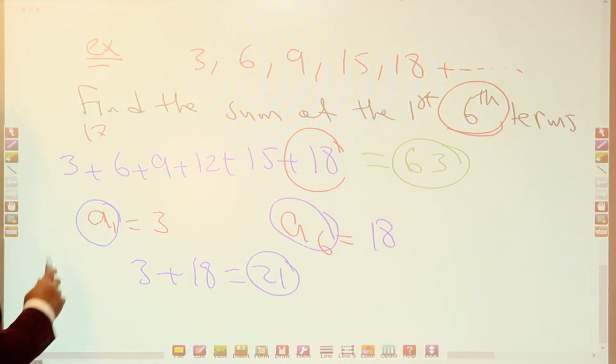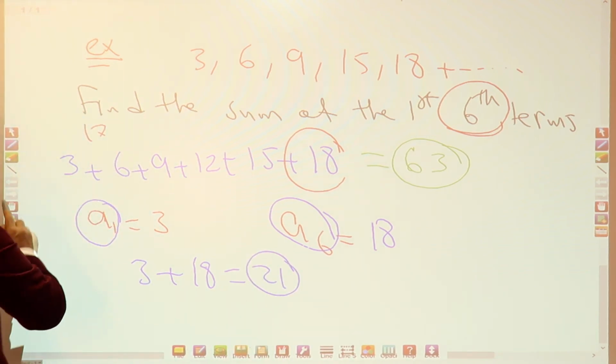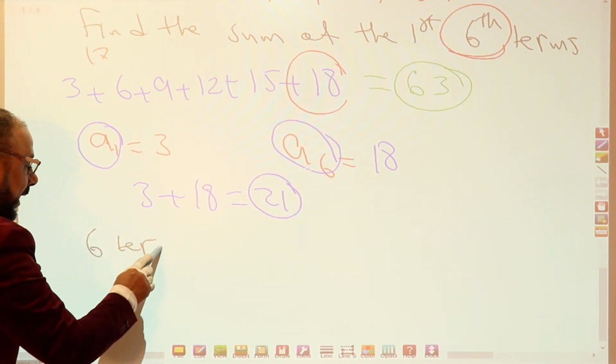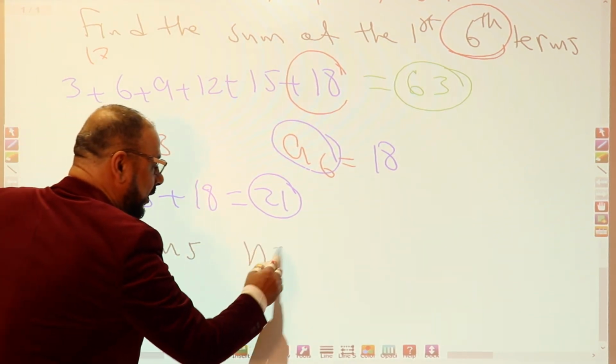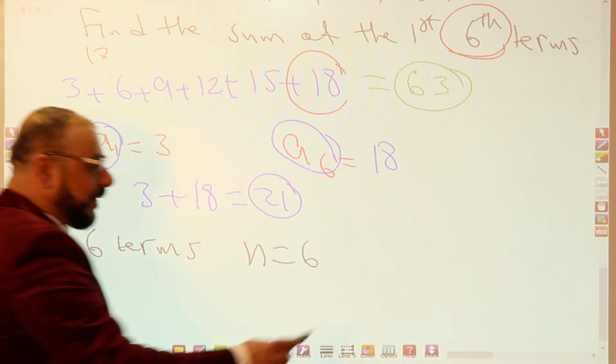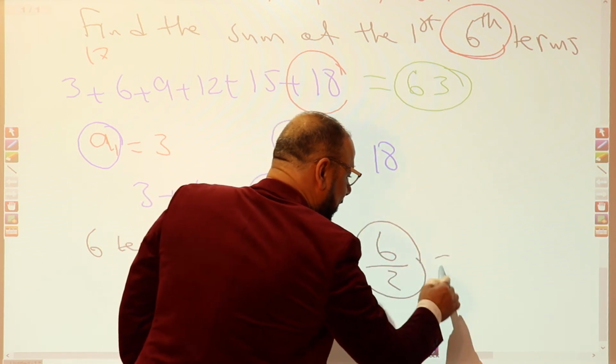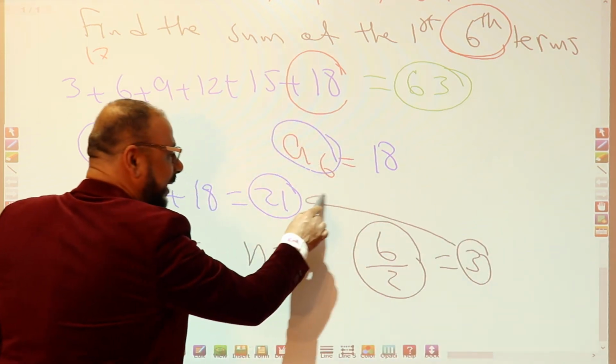This is the first plus last term. How many terms do we have? 6. Then n equals 6. Divide: we have 21, and 6 divided by 2 is 3. Multiply 3 by 21.